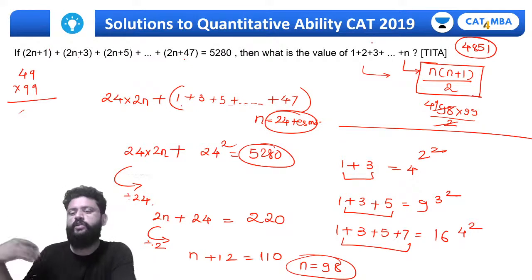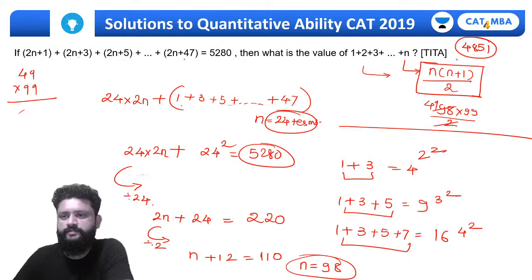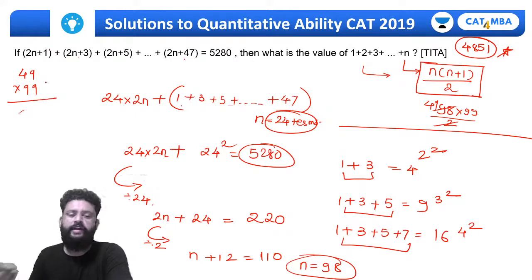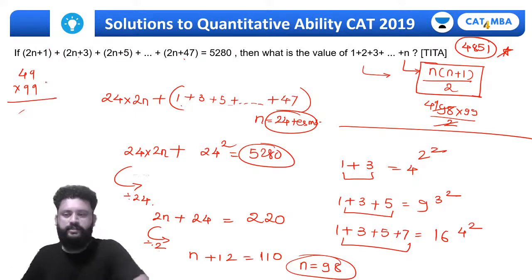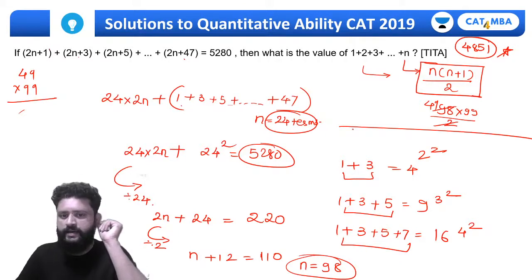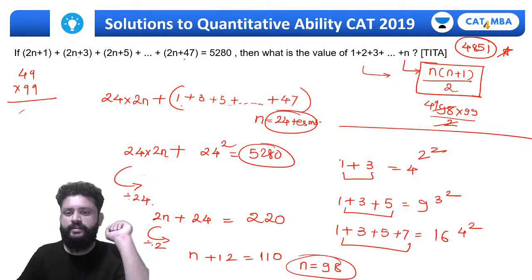First multiply by 100, subtract 49, that's it. To multiply by 99, multiply by 100 and subtract 49, that's it. So that's correct. 4851 is the right answer, and hopefully this is an easy question. The only thing is you should already remember the trick for adding odd numbers.